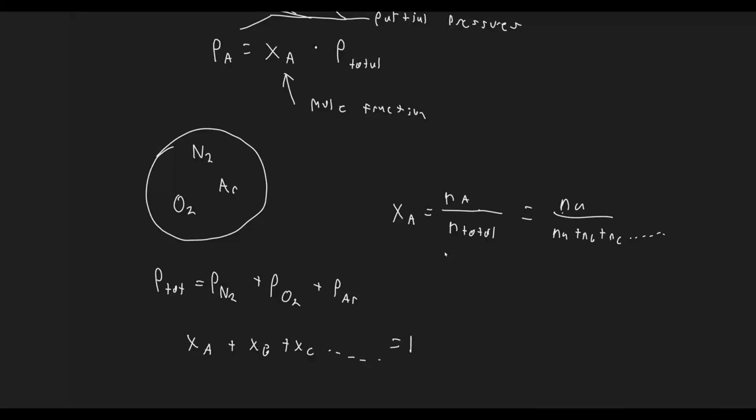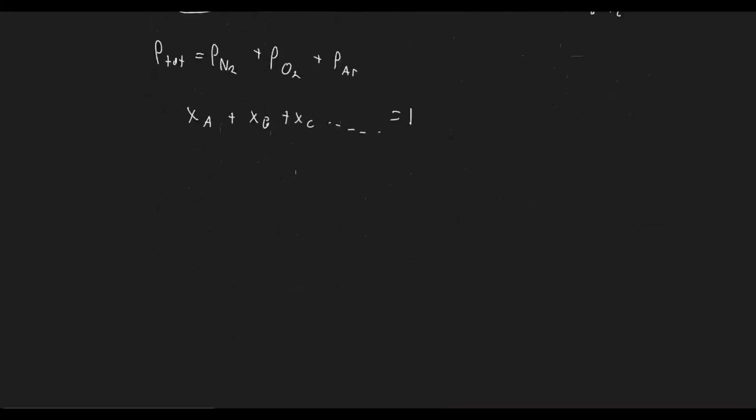That makes sense because the mole fraction is a ratio of all the moles inside the container. So if we add all the mole fractions together, they should equal 1 or 100%. Right.